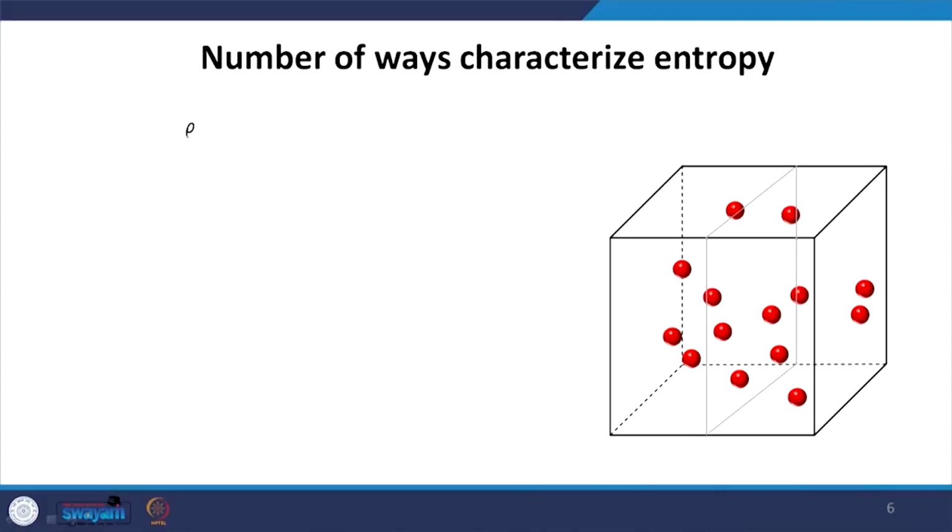But at the same time, how the energy is being distributed is also extremely important. The behavior of a system depends on how much energy the molecules have and how it is being distributed among the molecules, right.